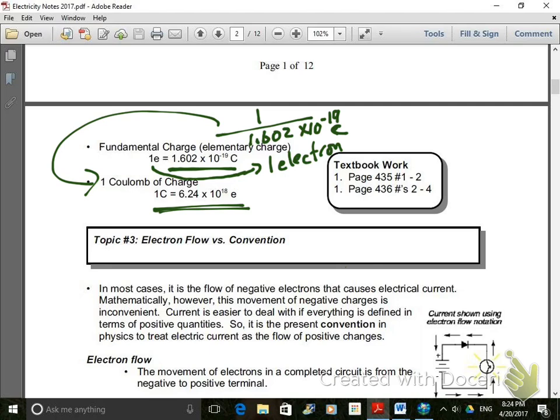And so that number there, again, is similar to the mole in chemistry, a set number of atoms. It'd be like saying you had a dozen. We all know a dozen is 12. And so we can have a dozen cars, a dozen donuts, a dozen pencils. We all know that that is going to be 12. So when we say we have a coulomb of charge, we know in physics that that's 6.24 times 10 to the 18 electrons.